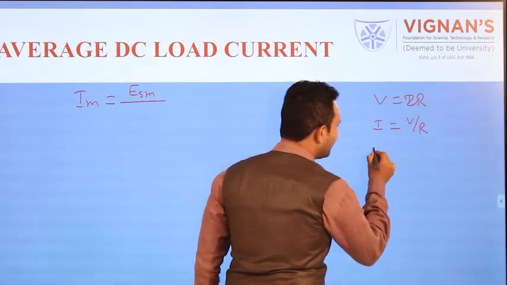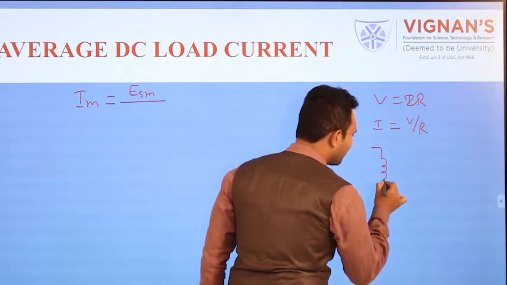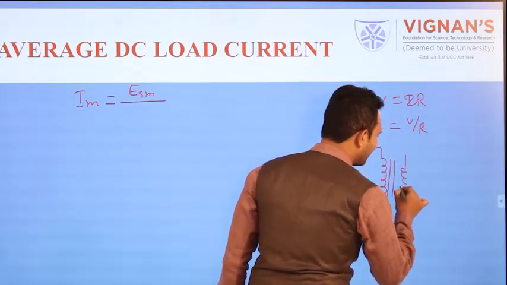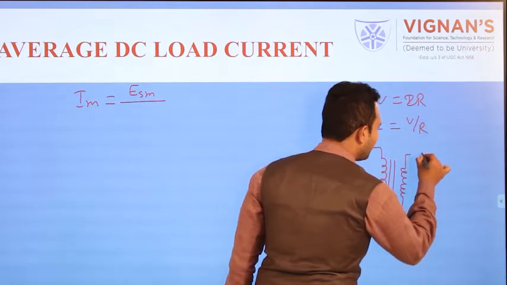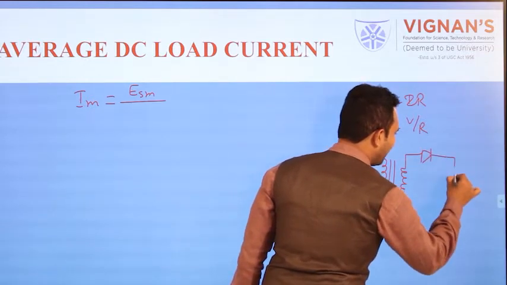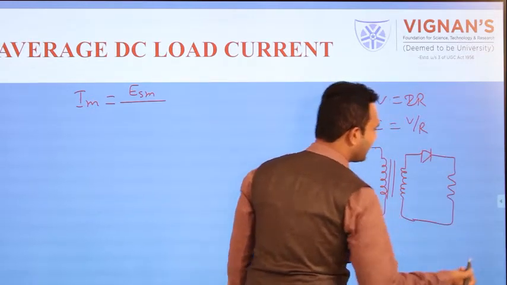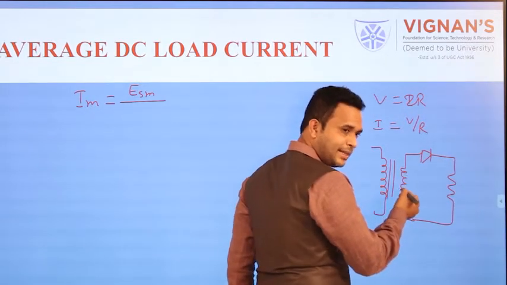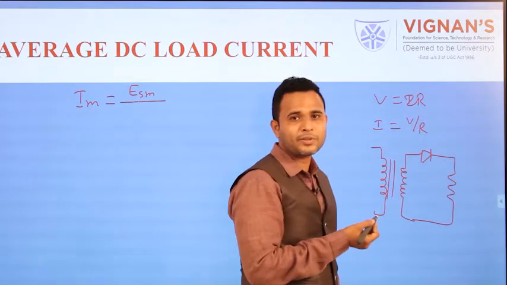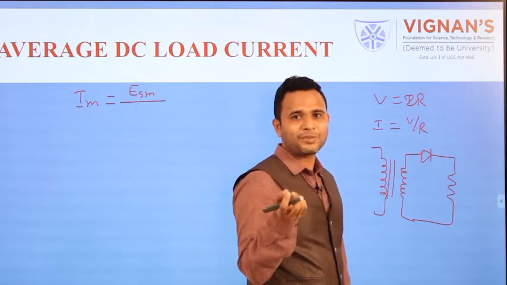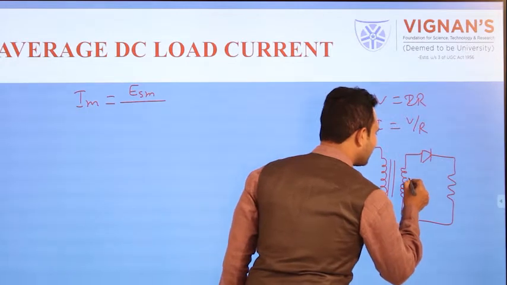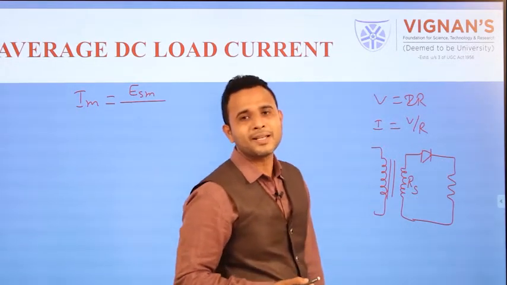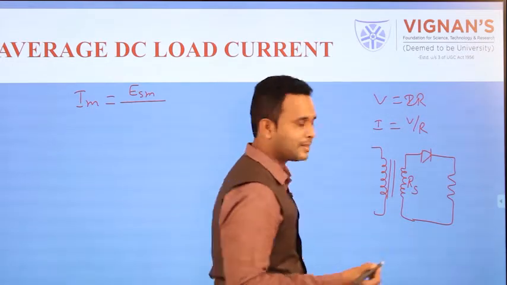Here this is the transformer primary, this is the transformer secondary, and we have a diode and one load resistance. The transformer secondary terminals also have a small value of resistance, which I take as RS, the secondary winding resistance.